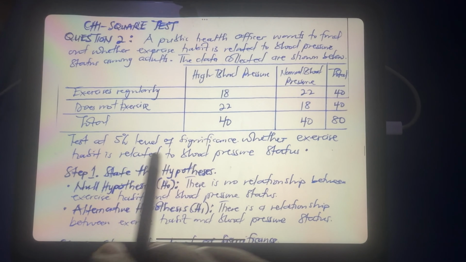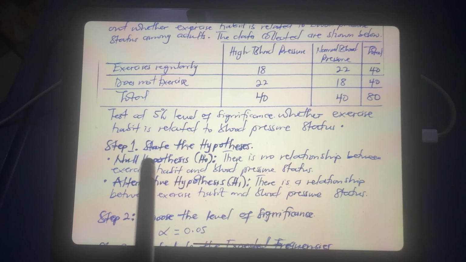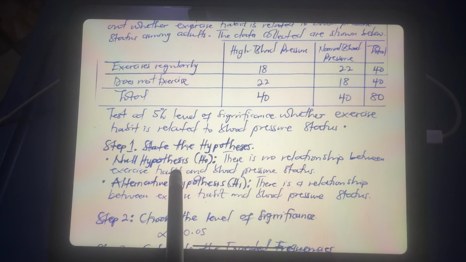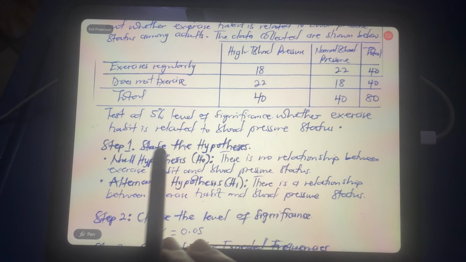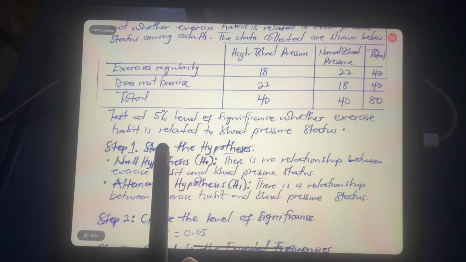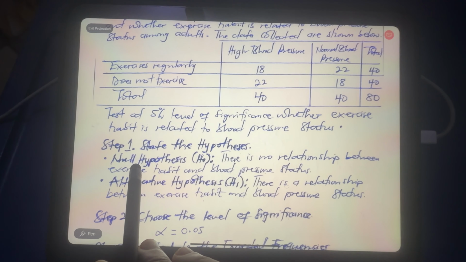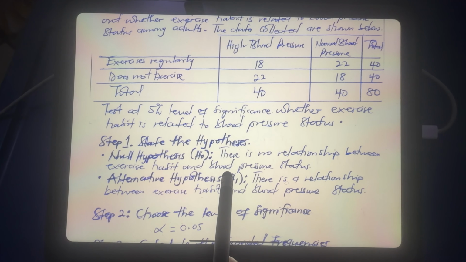Now, for the analysis, in chi-square testing, the first thing to do is to state the hypothesis. Remember, in stating the hypothesis, we don't state only one hypothesis. You state two. One is the null hypothesis. The second is the alternative hypothesis.